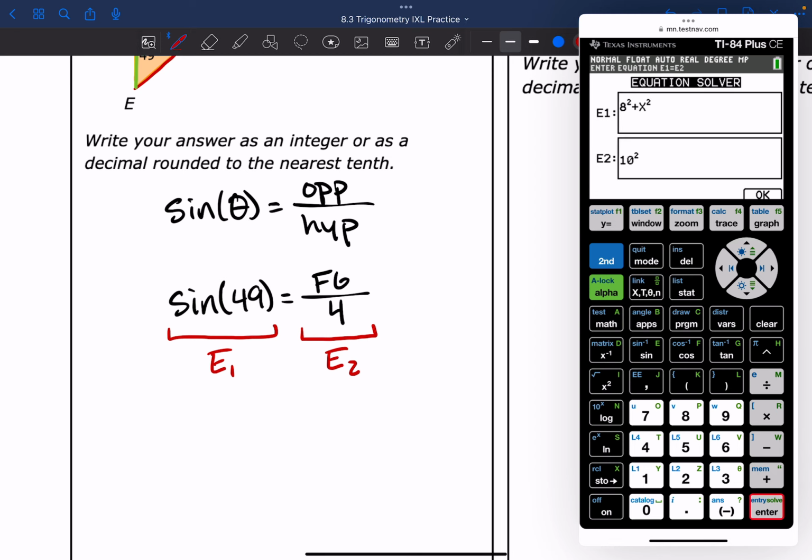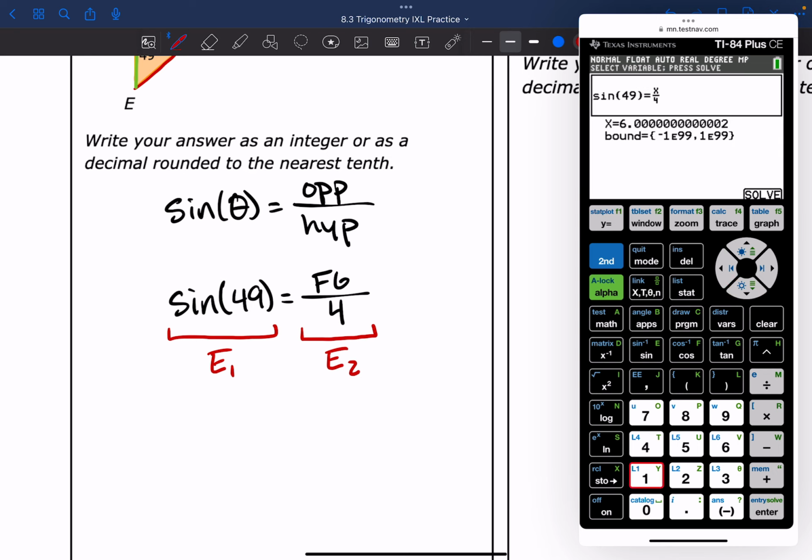I'm going to put in my trig ratio: sine of 49, close the parentheses, and put the fraction that I have on the right-hand side. FG is my mystery, so I'm going to put that as x over 4. For my guess, I'm going to put 1. The only reason why I put 1 is because I want to make sure my guess is positive, and side lengths can't be 0 or negative, so 1 is a good one.